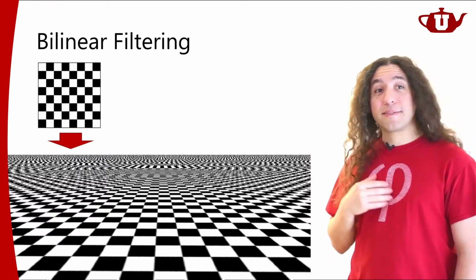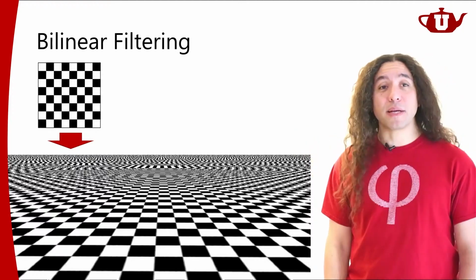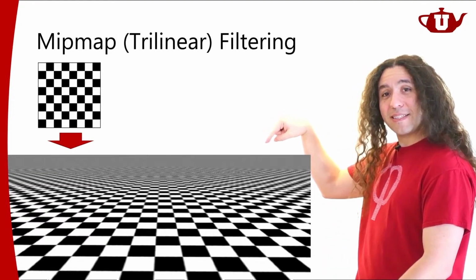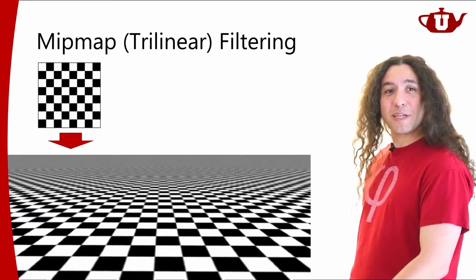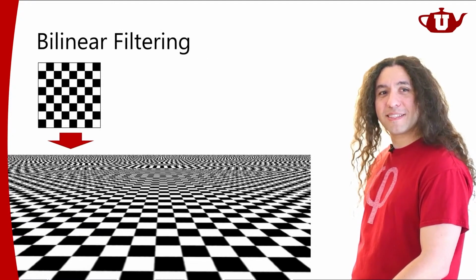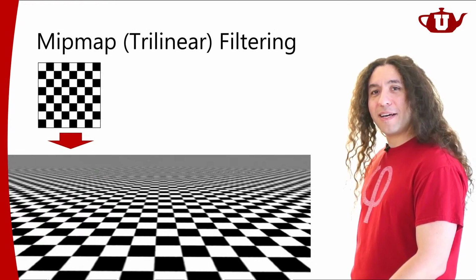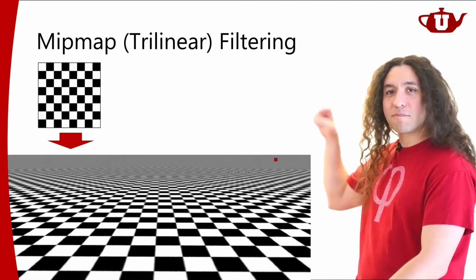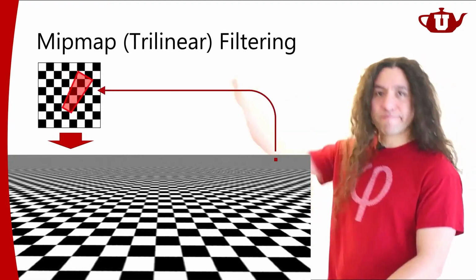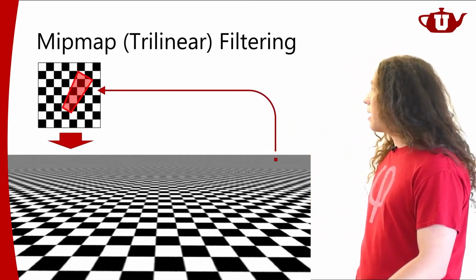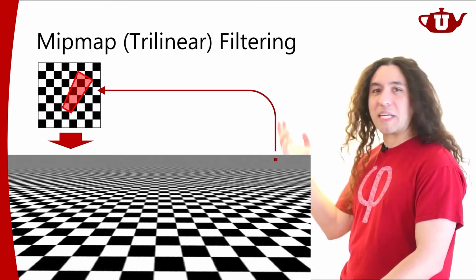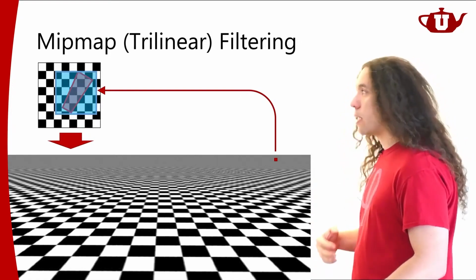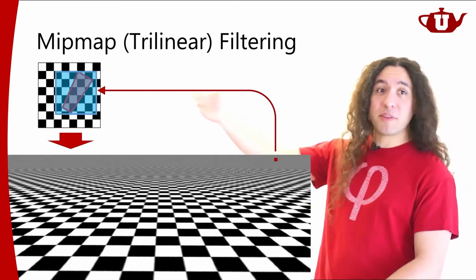So with mipmaps and trilinear filtering, I'm going to get this. So much better, right? It was this, and now it's this with trilinear filtering. The reason why this is happening is that, let's pick a point here. That point corresponds to a pixel that's shaped, let's say, something like that, and that has a texture space pixel size of this.